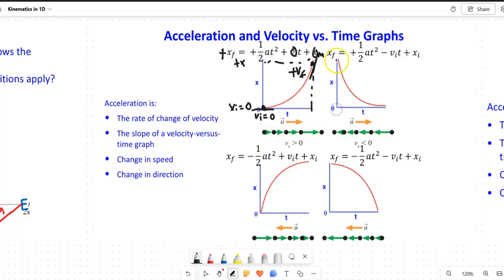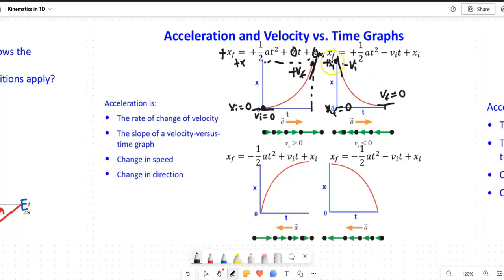All right, at 0 seconds, here is the initial position, which does have some positive xi, and this is its initial slope, which is a negative velocity. So that's the negative initial velocity. Now, later on, at some later time, its final position looks like it's equal to 0, and its slope is equal to 0.